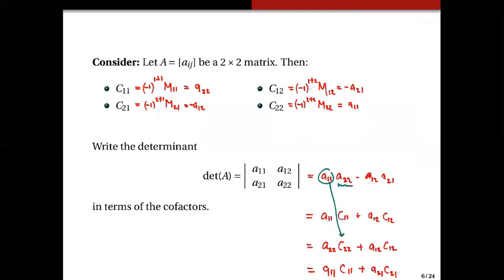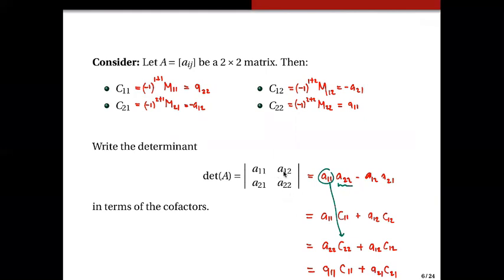So for example, in here, we choose the first column. The entry A11 is multiplied by the cofactor corresponding to A11, plus the entry A21 is multiplied by the cofactor corresponding to A21, which is C21 in here. So you have A11 C11 plus A21 C21.